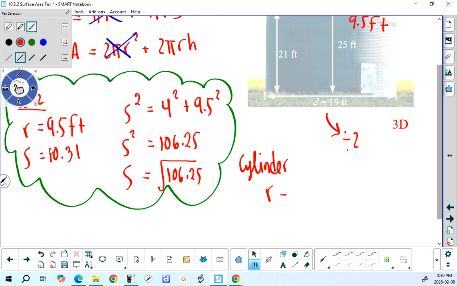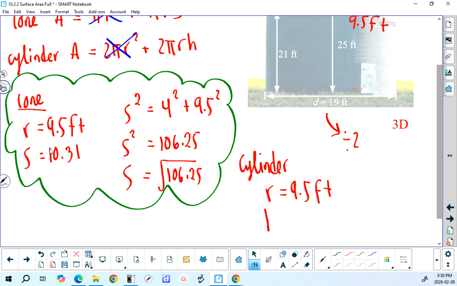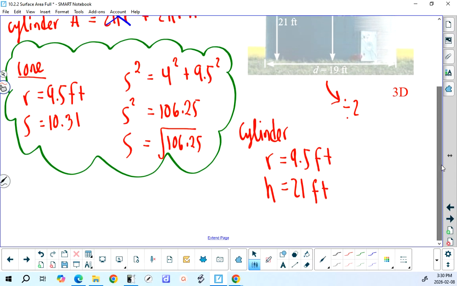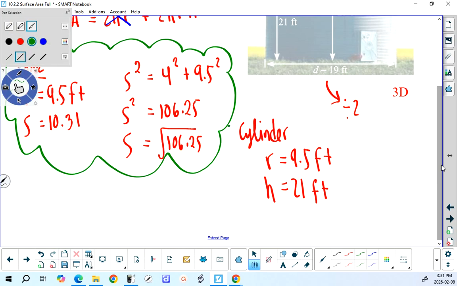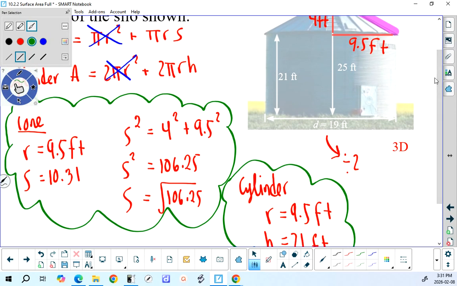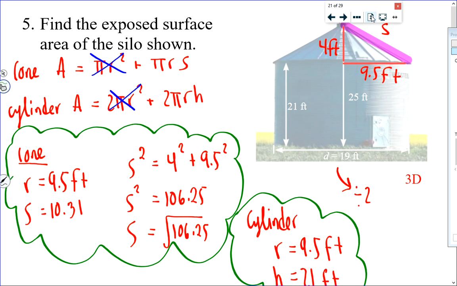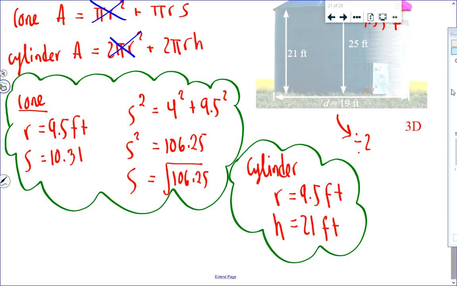The cylinder has a radius of 9.5 feet and a height of 21 feet. I mean, take a look at the diagram, take a look at the height of the cylinder. It's only 21 feet. Refer to the top of the page here where we said we're just going to be using pi rs for the cone part, and we're simply going to be using 2 pi rh for the cylinder part.